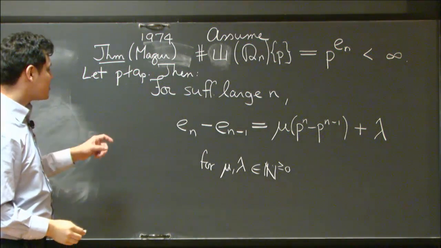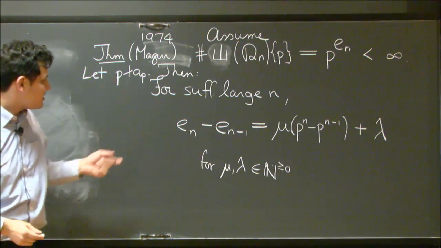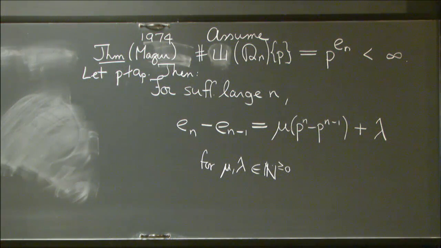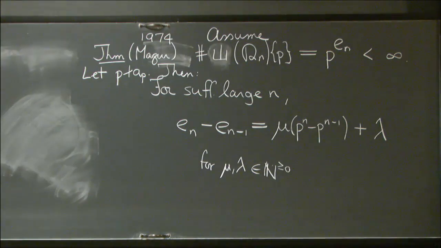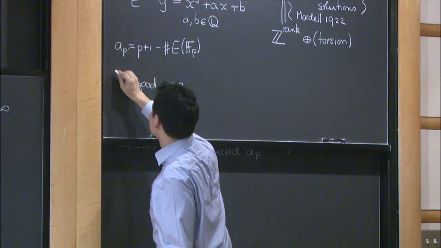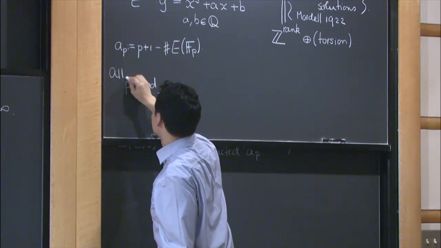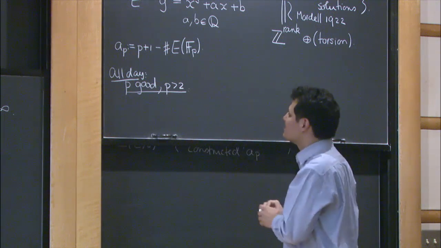Then for sufficiently large n, we have a similar formula as in Iwasawa's classical case of class groups. I'm cheating a little bit here. I'm assuming some properties about the prime numbers. So let's assume all day that p is a good prime and bigger than 2.